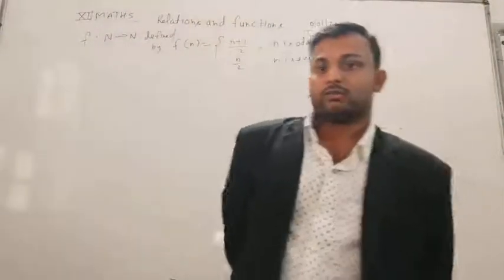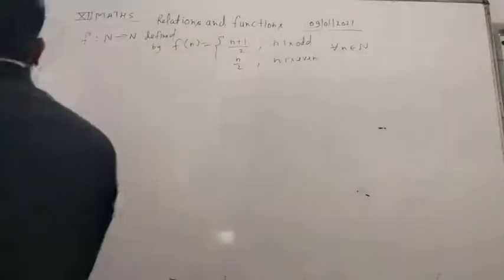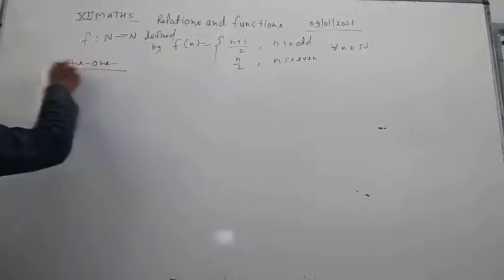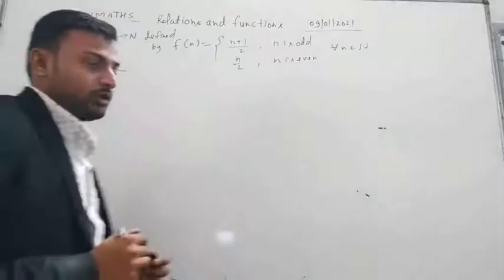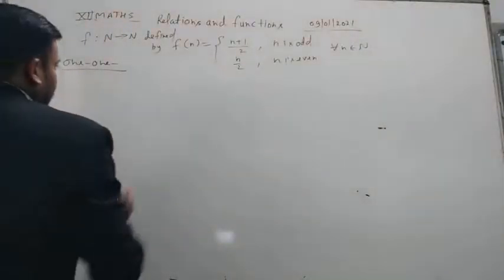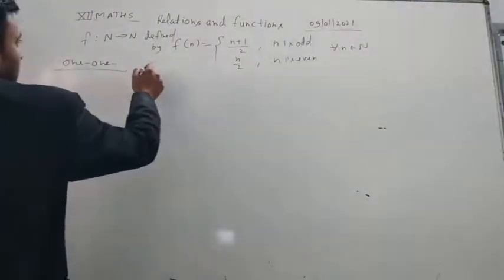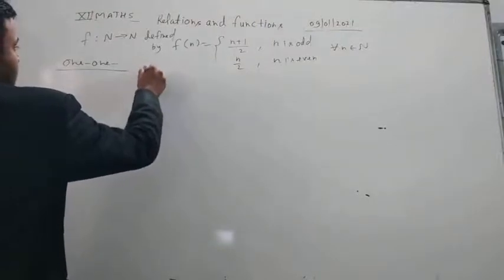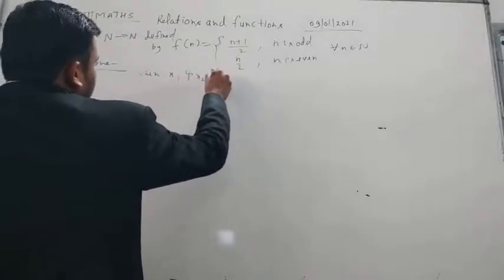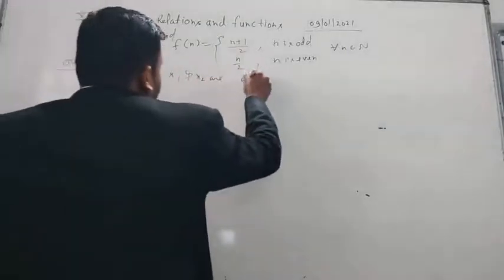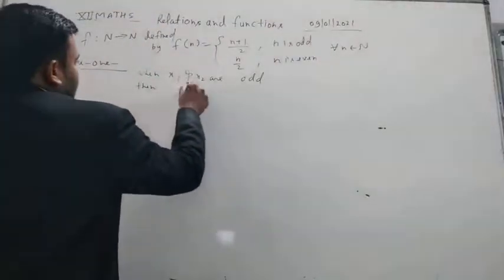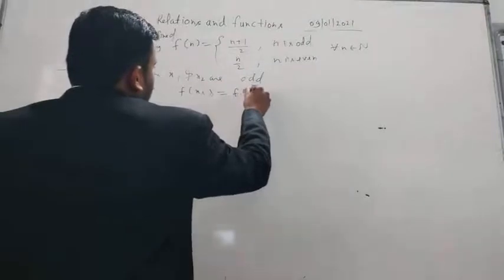Okay student, so we have to check whether the function is bijective or not. So for checking bijective, we first check whether it is one-one or not. Okay, so student, when x1 and x2 are odd, then f(x1) is equal to f(x2).